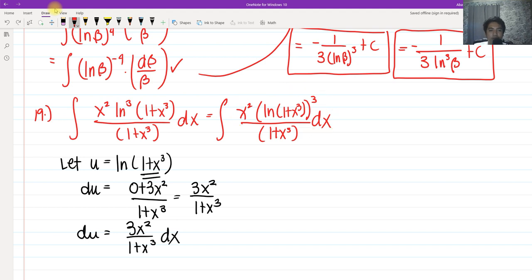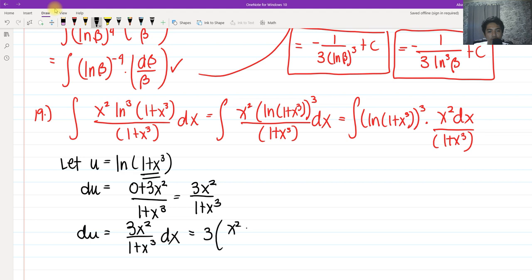So if I rewrite the integral, we have x squared. I'm going to rewrite first the ln: ln of 1 plus x cubed, raised to 3, multiplied by x squared dx all over 1 plus x cubed. If I also rewrite the du, we have 3x squared dx all over 1 plus x cubed.